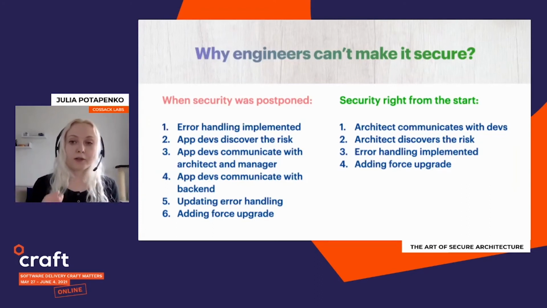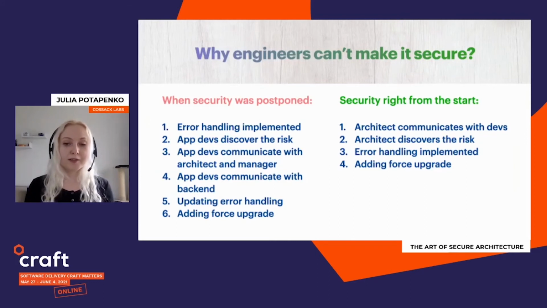So the error handling logic would have been implemented correctly from the start, and they could just add this feature without all these extra steps and save a lot of time. So actually, just adding a little bit more time for assessing risks at the beginning could have saved all this time. It's much better to catch such things during the first stages, when we think about risks and design.